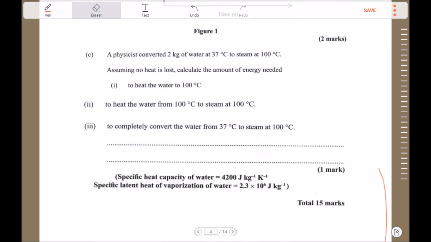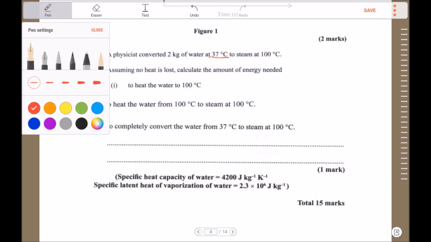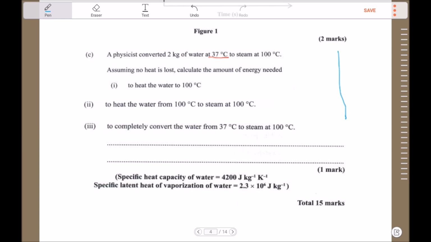Next question now. A physicist converted 2 kilograms of water at 37 degrees Celsius to steam at 100 degrees Celsius. Assuming no heat loss, calculate the amount of energy needed to heat the water to 100 degrees Celsius. So our water starts off at 37 degrees Celsius. Let's just do a quick sketch of what's happening. So we have water at 37 degrees Celsius, and we go up to 100 degrees.